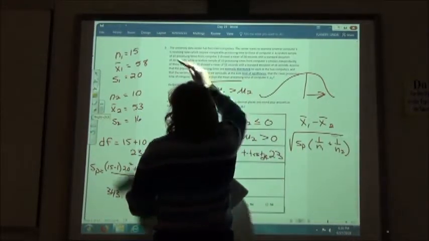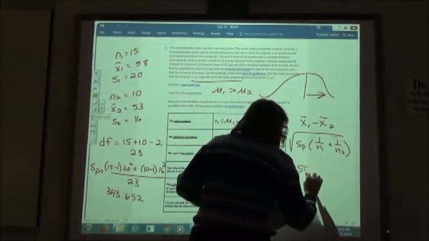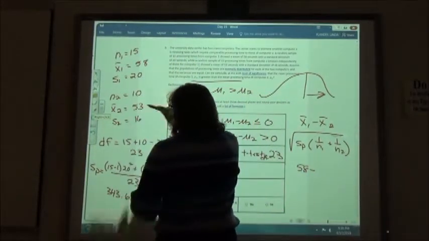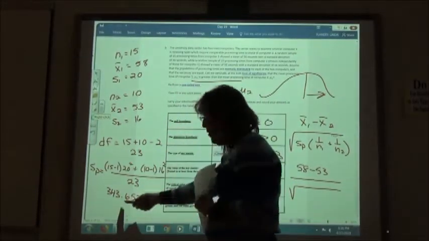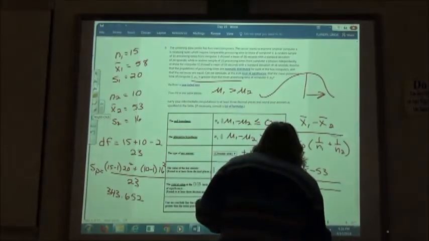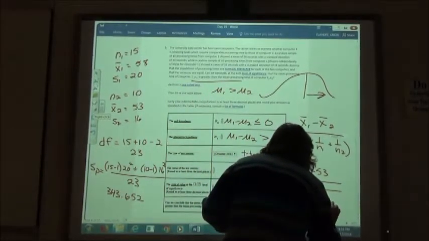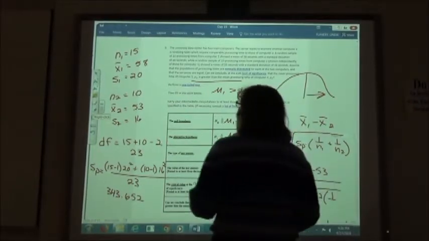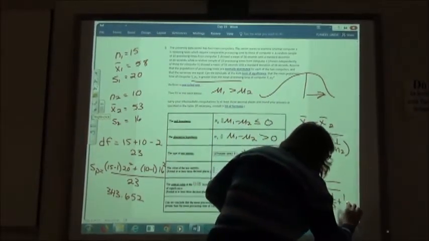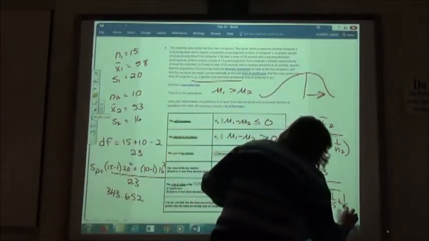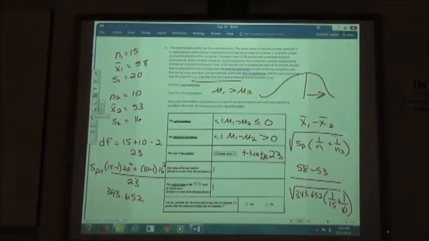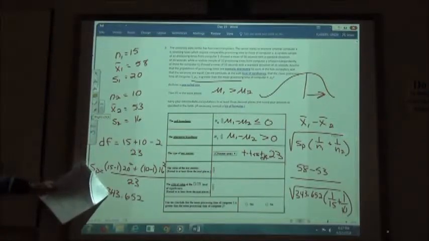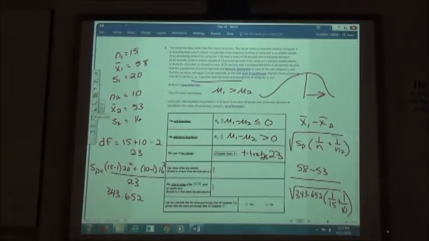So the mean of the first, 58, minus the mean of the second, 53, over the square root of our number, 343.652, times 1 over n1, which was 15, plus 1 over n2, which is 10. So 58 minus 53, subtracting my means, over the square root of SP times 1 over n1 plus 1 over n2.